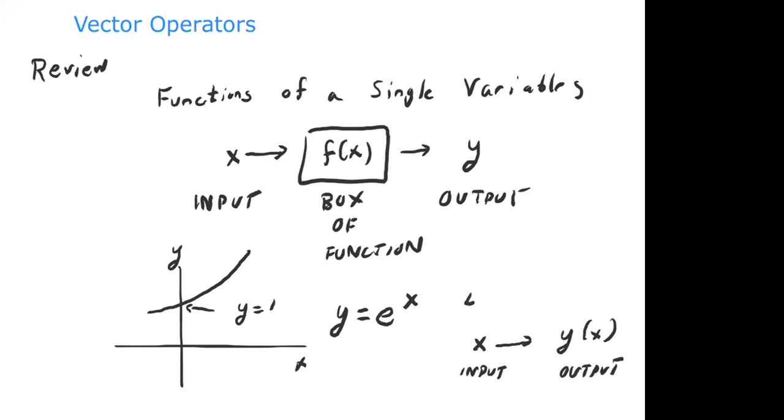Sometimes x is called the domain, and the function y, the result, is called the range. So there are a lot of interesting things you can do with functions. One thing you can do is take their derivatives. And in this case, I'm talking about functions of a single variable. I'll talk about functions of several variables in a minute.